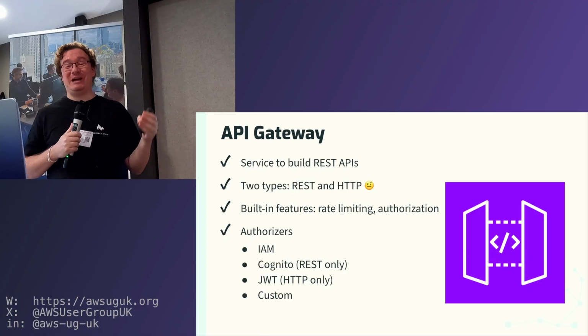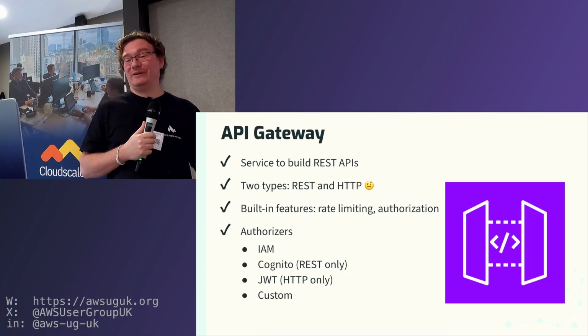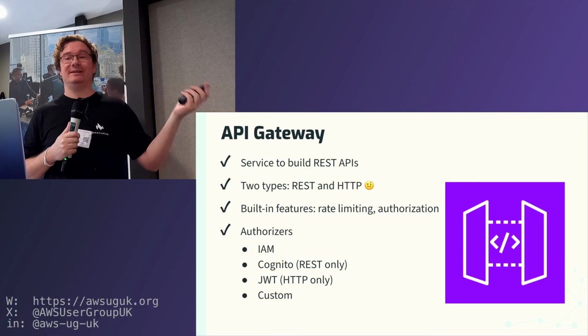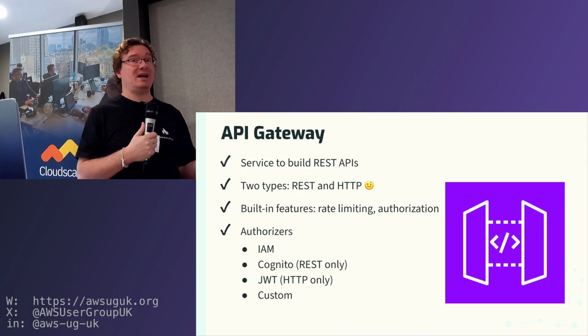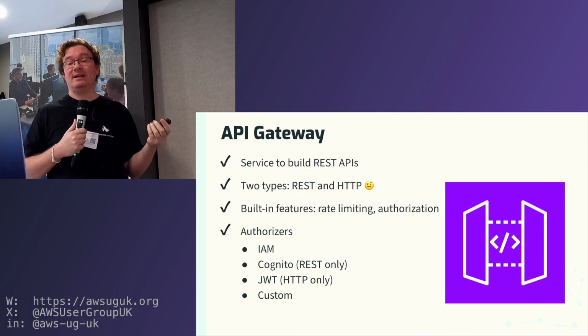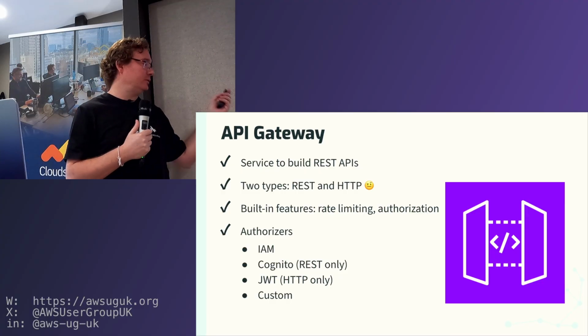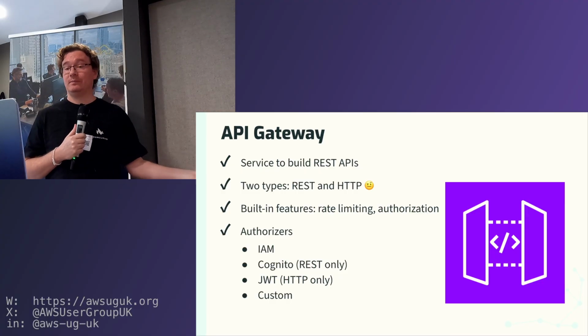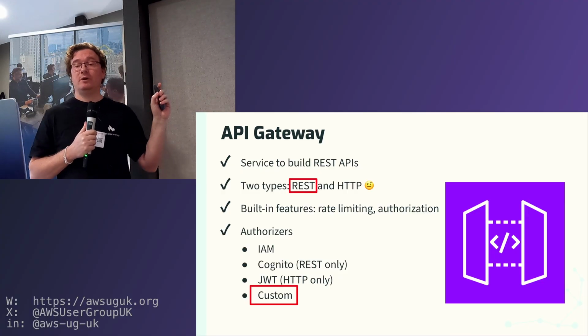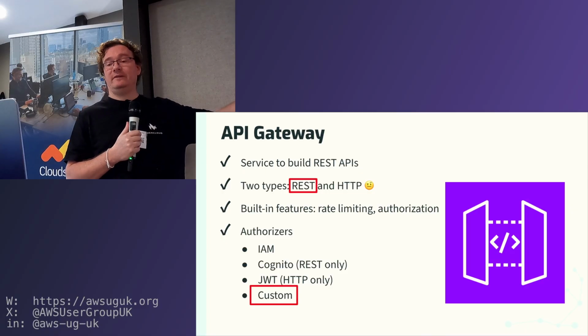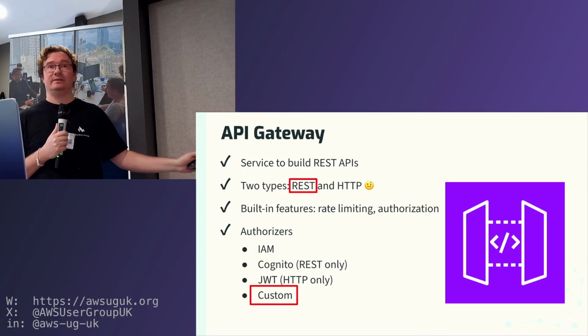But API Gateway comes with some built-in features, for example, rate limiting, which we're going to see later, and also authorizers. For authorizers, we have IAM, Cognito, JWT, and custom. Today, we're going to focus on the REST flavor and on custom authorizers.